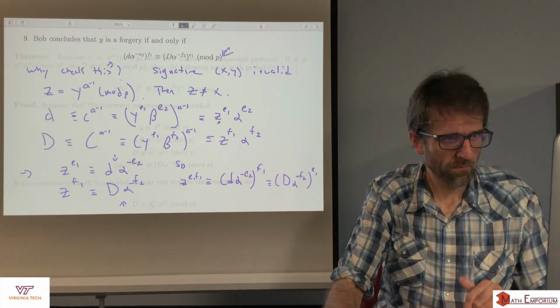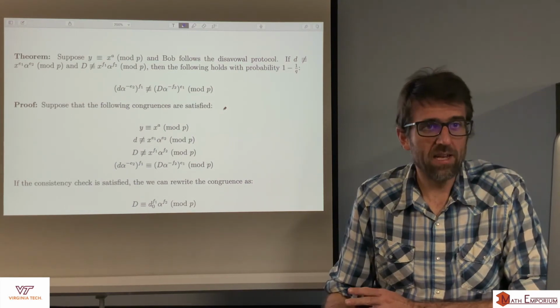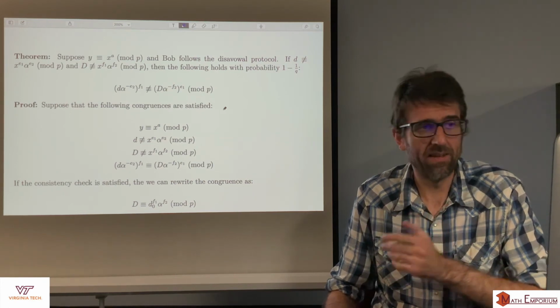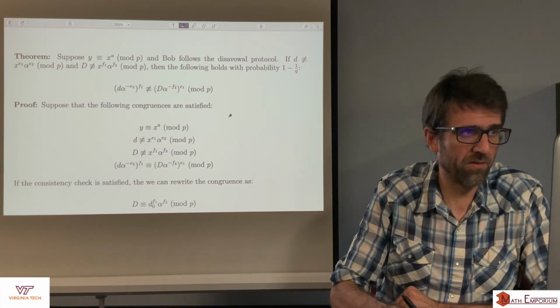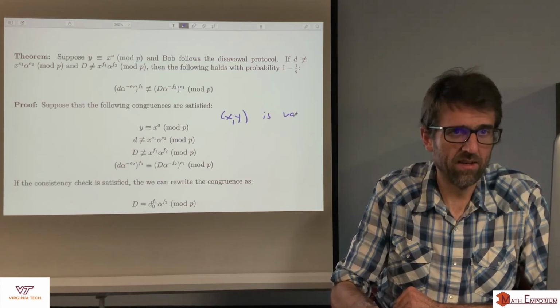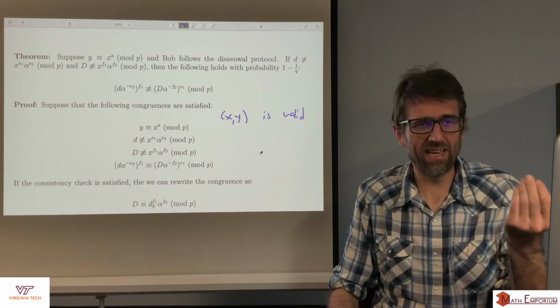All right, so the last thing to do is to prove that if we have a valid signed message, so we're going to be assuming in this theorem that xy is actually valid, then Alice cannot disavow.